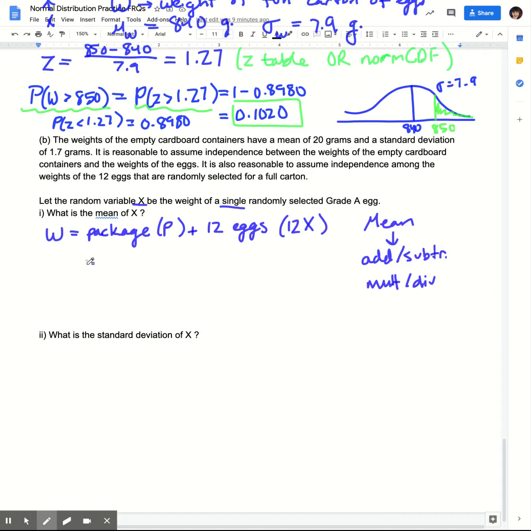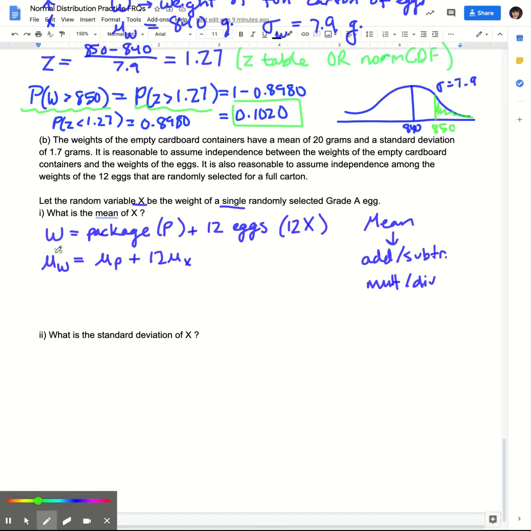Okay, so the mean then of the weight of the full carton is the mean of the packaging plus 12 times the mean of the eggs, right?